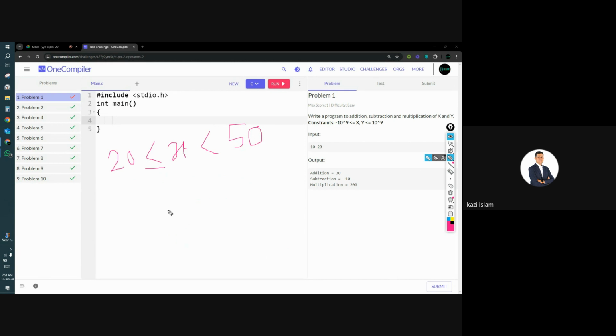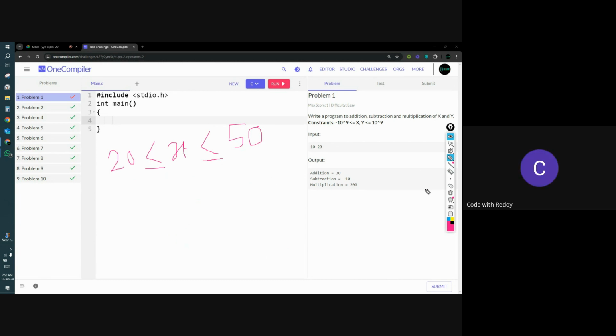So it's equal now, so 20 is equal to x, so it's 20 to 49. No, I need 20 to 50. That means 50 can be there, so you have to put an equal with the x and 50 also. So I need to put the less than or equal operator here, right? Yeah.